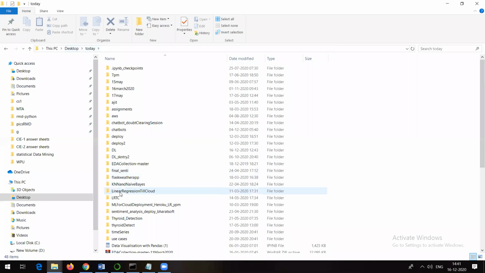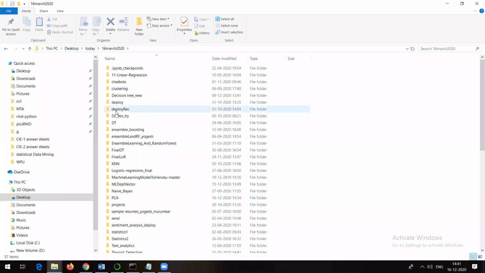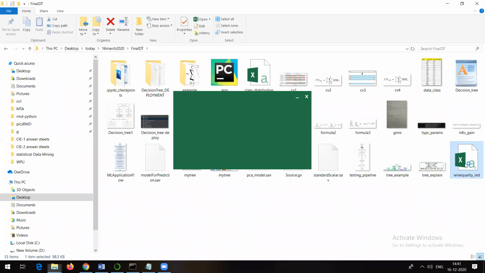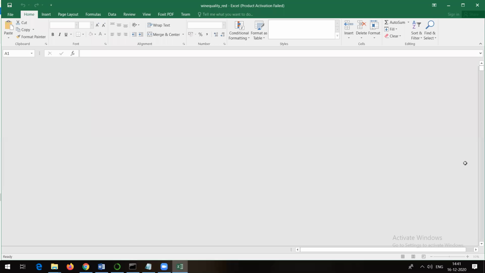So I have the decision tree implementation here. We have got this particular data set, with the quality name. In my case, I have already implemented this particular problem statement.